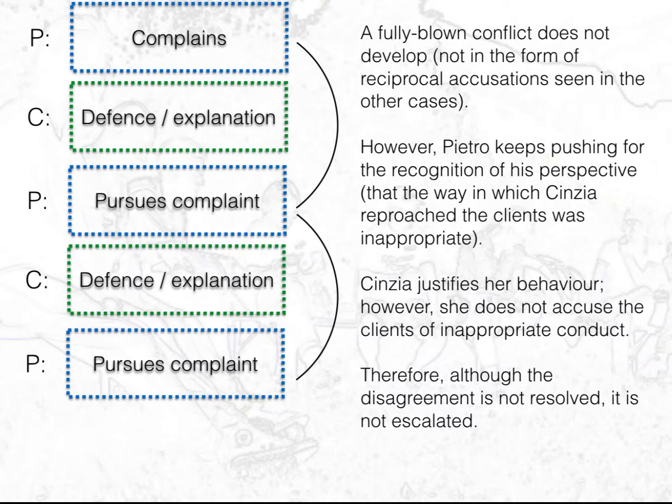They are sticking to their initial position, but the way they did it was different. They did not use reciprocal accusations. So I take this to be evidence that there are different ways of framing criticism. When it's formulated in the shape of, you know, an accusation against someone, that's what makes conflict more likely to arise.